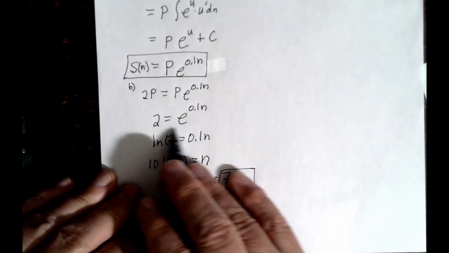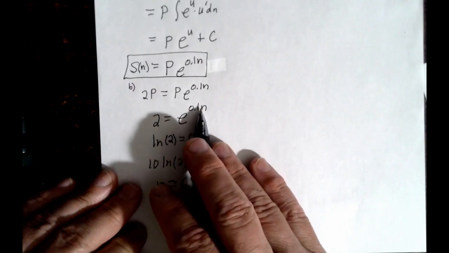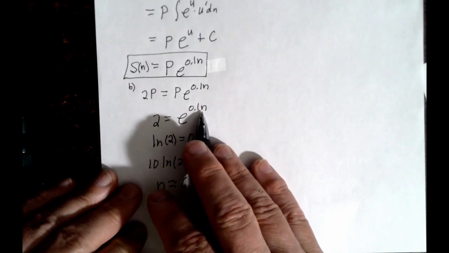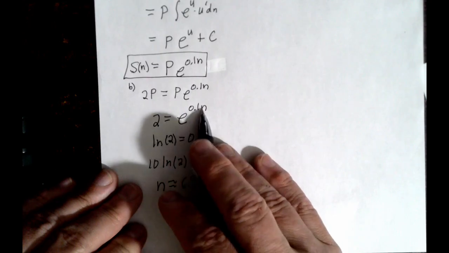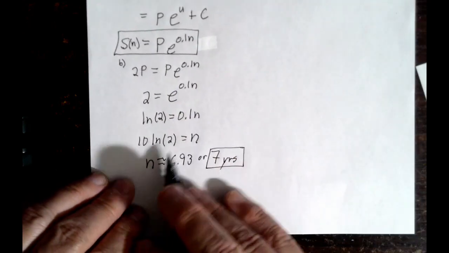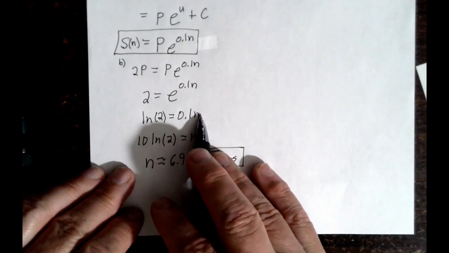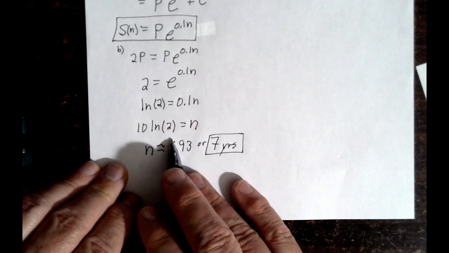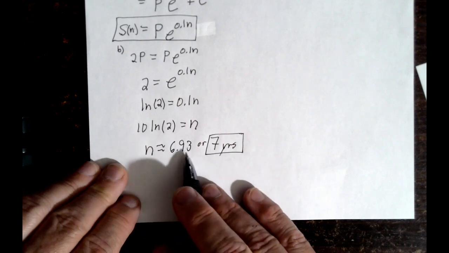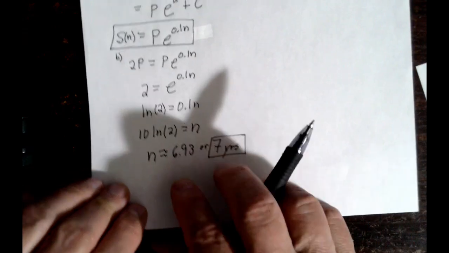You can take the natural log of both sides and you get ln of 2 and you get ln of e to the 0.1n, which means ln of e to an exponent is just the exponent by one of the log rules. And then this is 1/10, so if you multiply by 10, you get rid of that 1/10. So now you know n is 10 times natural log of 2, which is 6.93 or approximately 7 years.